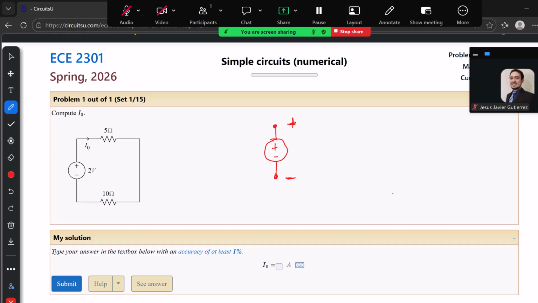For a passive sign convention, sources are deliverers of power. They give their power away. This means that the current must be entering the negative terminal. So the direction of the current by the passive sign convention for sources is that it will enter through the negative terminal and go out through the positive terminal.